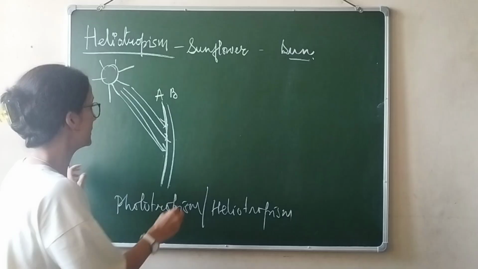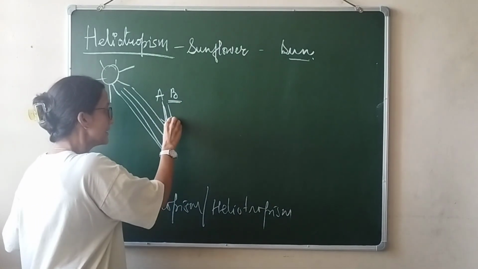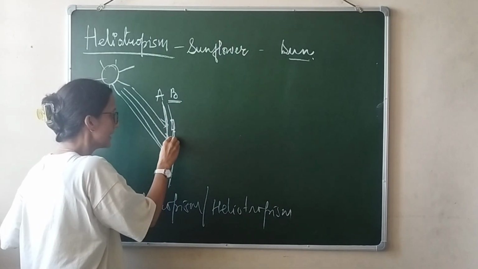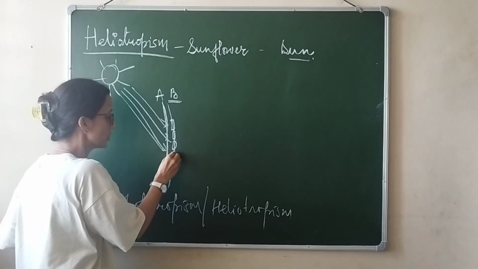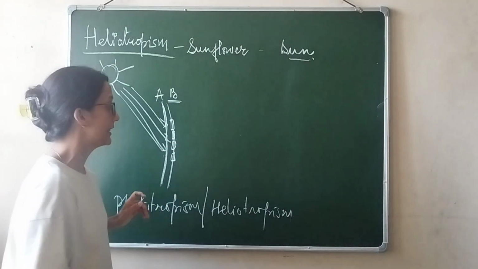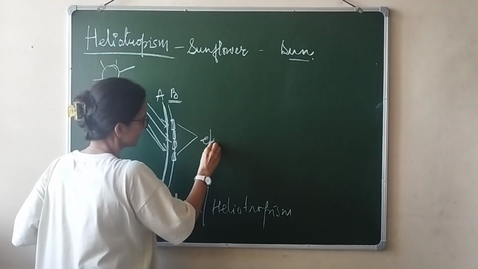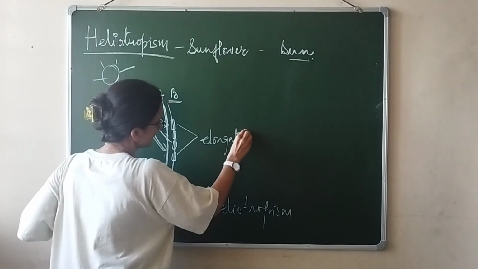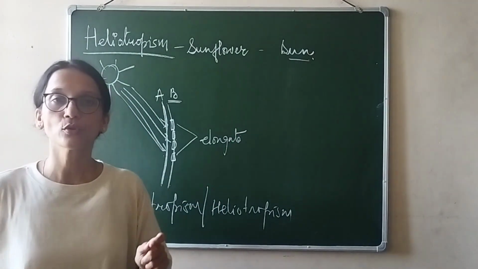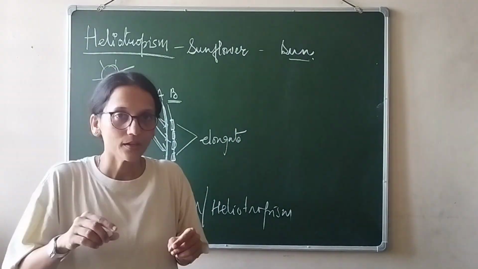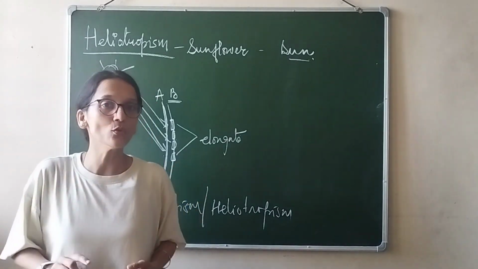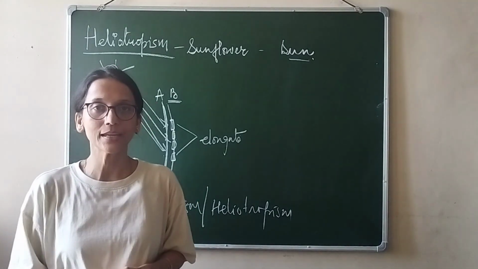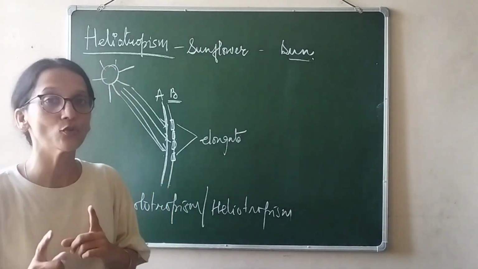which is opposite. So here in this case the part B, the cells here are going to show a change. What is the change? They are going to elongate. That means these cells are going to show cell elongation. Now why cell elongation happens, we already know. It is because of a phytohormone.